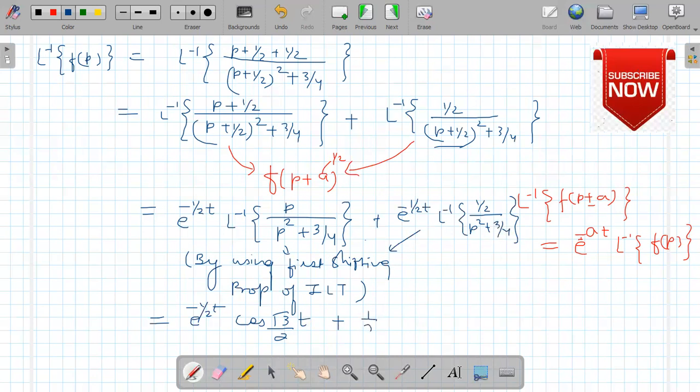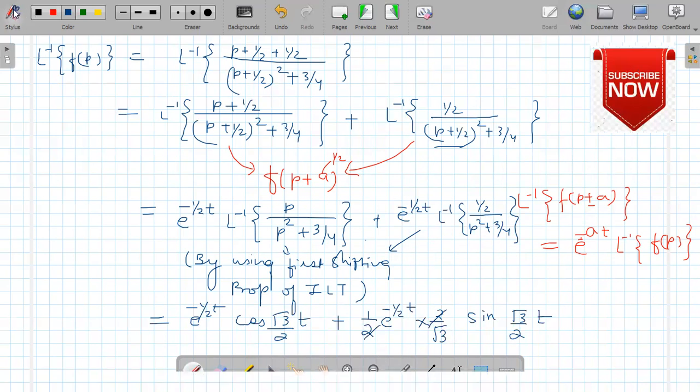So 1 upon 2 we will take outside, because there is no use of this inside the bracket, and we multiply and divide this whole expression by root 3 by 2, so that we get 2 by root 3 outside the bracket, and the rest is sine root 3 by 2 t. You can cancel out these two, and we can take e raised to the power minus half t common. We can also take 1 upon root 3 common, so that we have this expression.